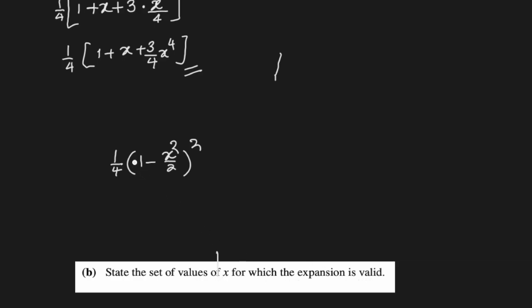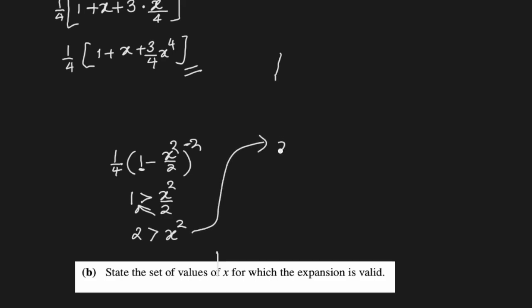The expansion is valid when the contents of this bracket are positive, and it will be positive only if this 1 is greater than x square over 2, isn't it? 1 minus something will give you a positive number, oh sorry, it was minus 2 here. So that is the rule, that we should have a positive inside. And if I cross multiply here, 2 is greater than x square, isn't it?